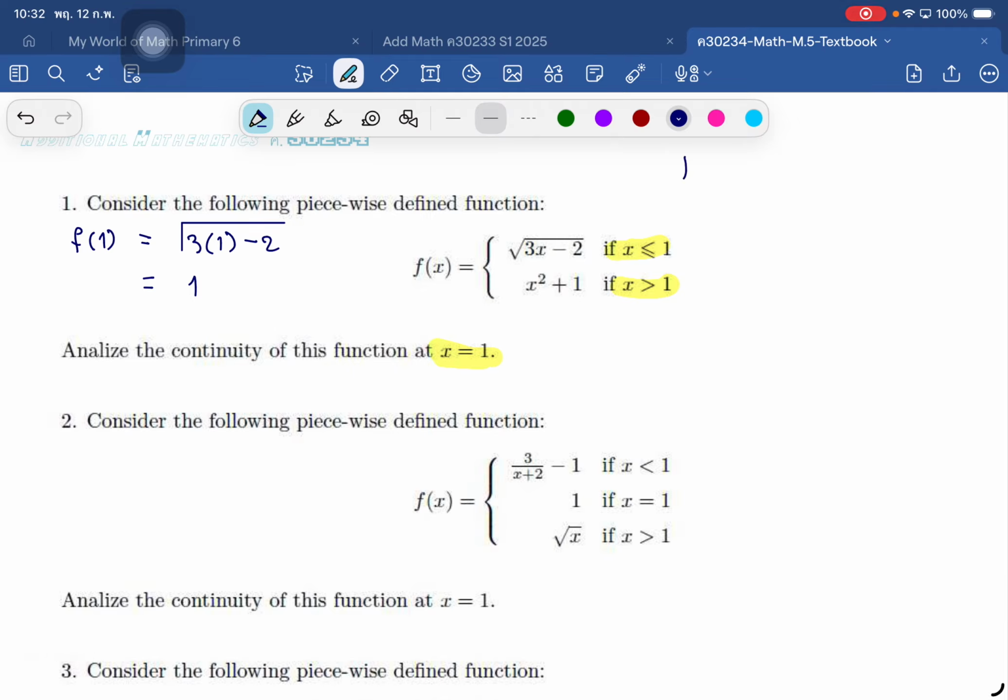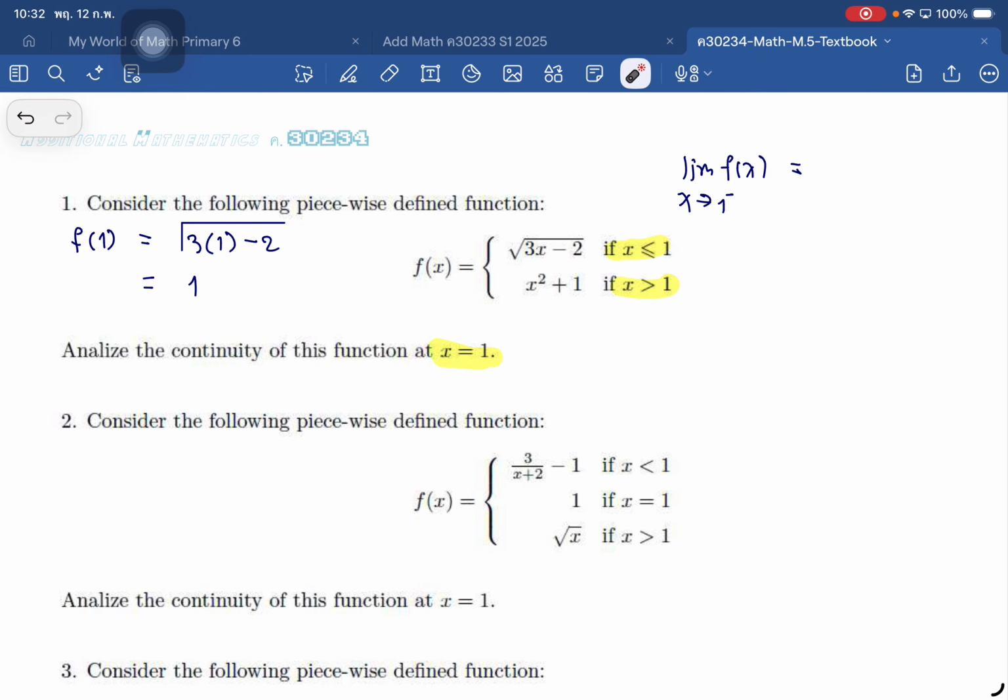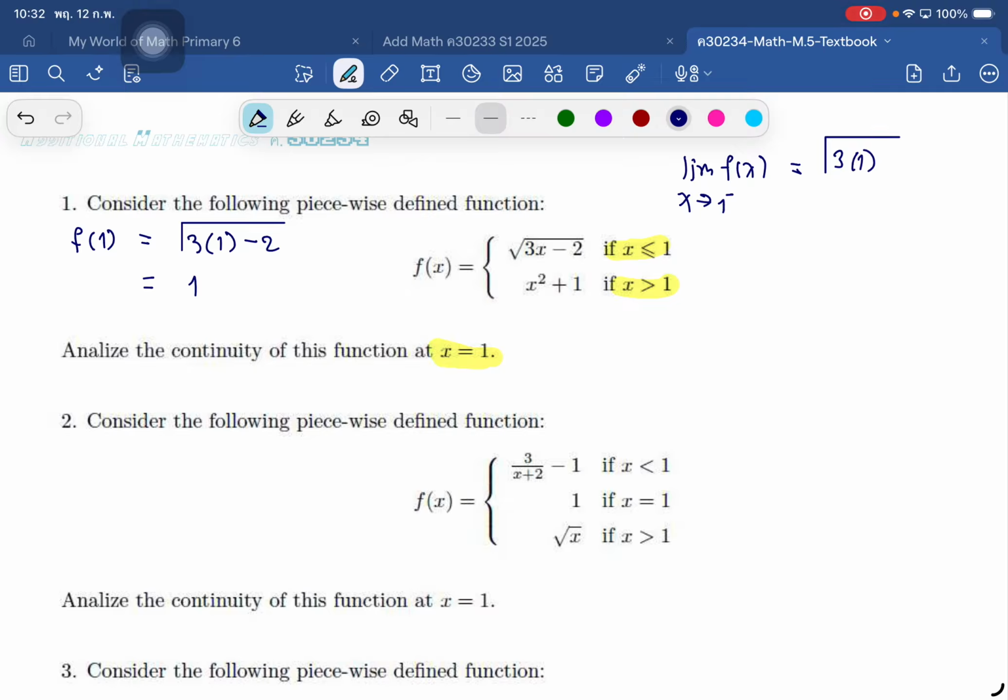Now we check again with the right limit. Limit of f(x) as x approaches 1 from the right. Now we use the second function here. It will be minus 9 times 1 divided by 1 plus 2, and then plus 6.